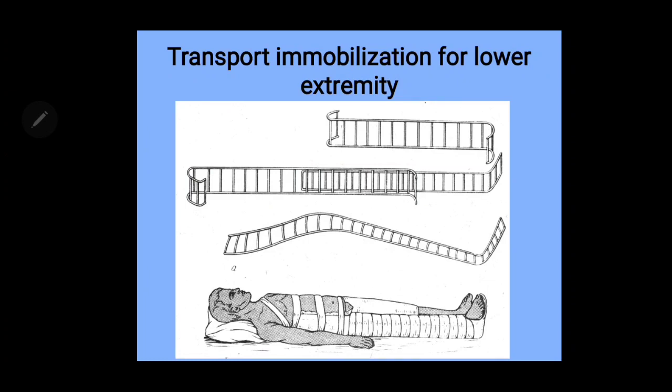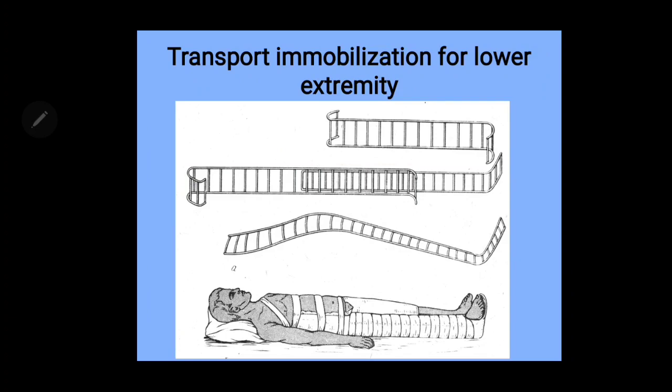Even for femur fractures, that's not the best option, of course, to immobilize femoral fractures, but it's quite a good option if you don't have other splints. But for femur, for hip joint fractures, we will discuss later which splints should be used.